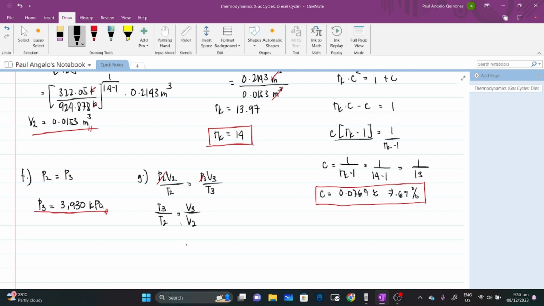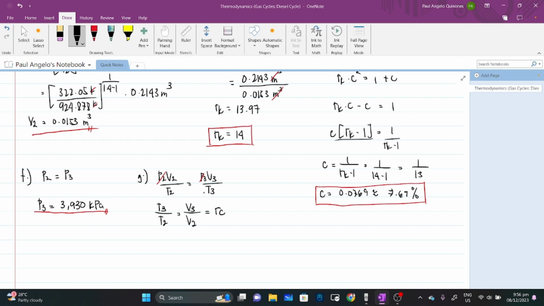As you can notice, V3 over V2 from our previous video, that is your cutoff ratio. So you can also solve for the cutoff ratio by dividing T3 over T2. However, we cannot use this one because we don't have yet T3 and we don't have yet V3. So we have one equation and two unknowns, therefore we cannot solve that.